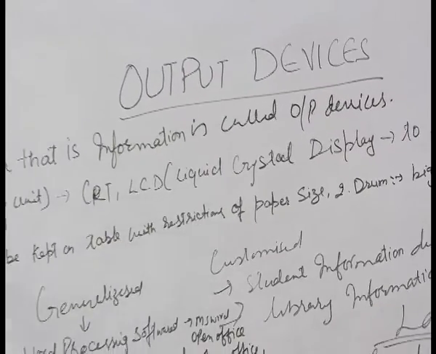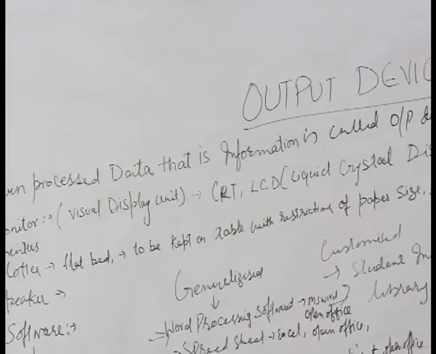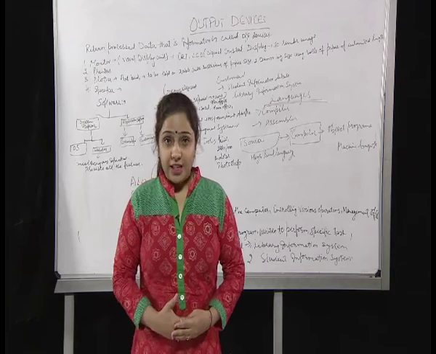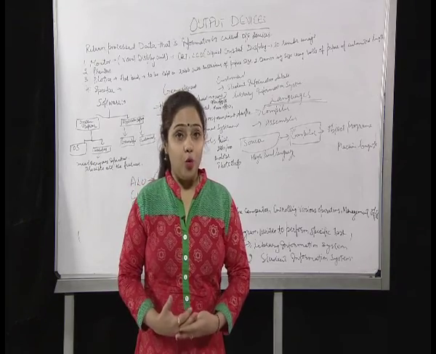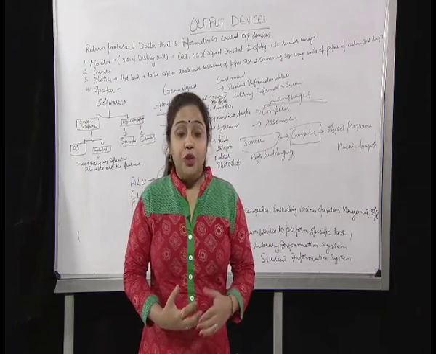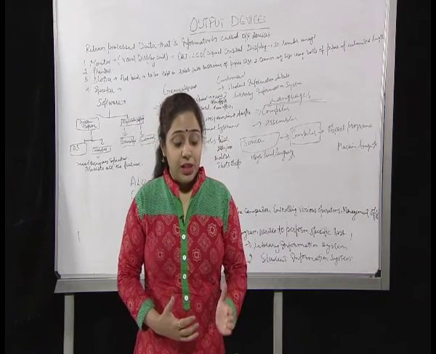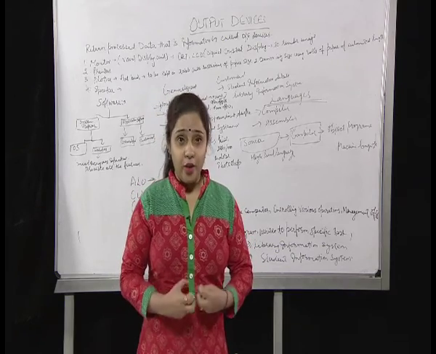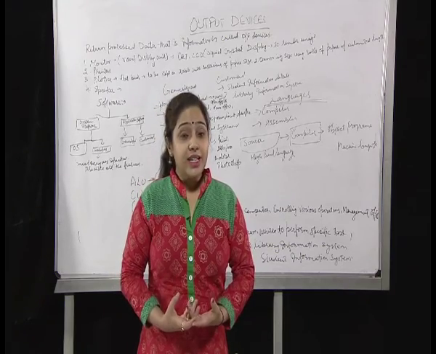Now the third output device is the printer. As we have seen, printers are also an output device, and a very important one. After documentation is completed in the computer, we need a hard copy of it. How can we get a hard copy?